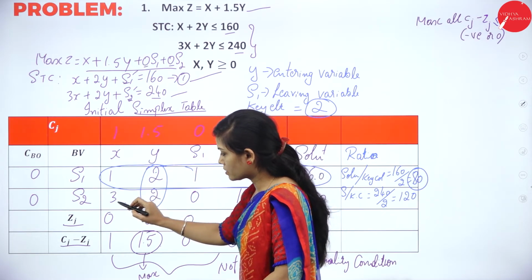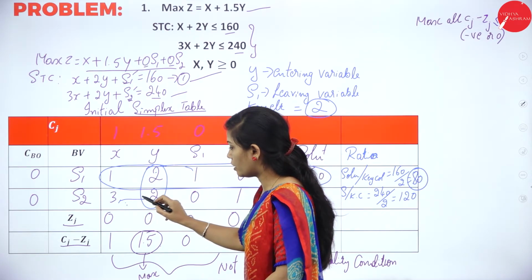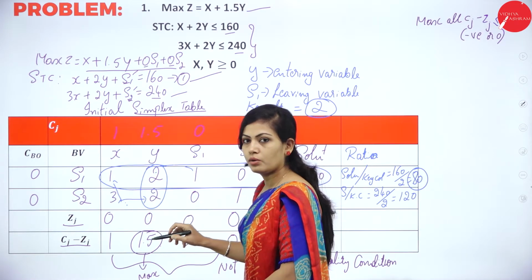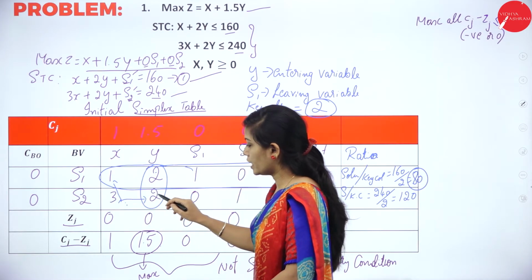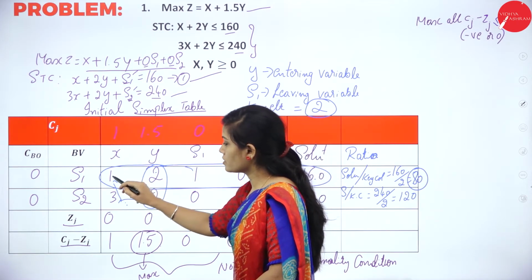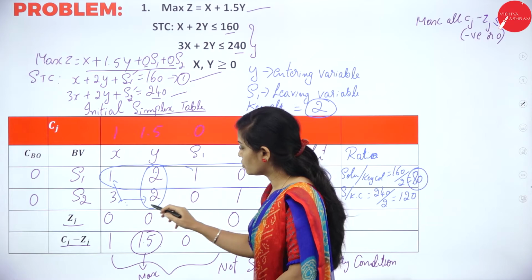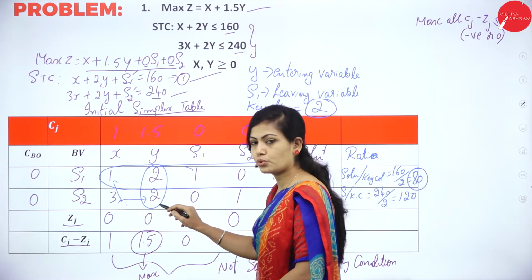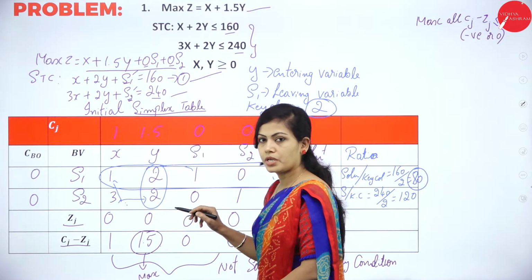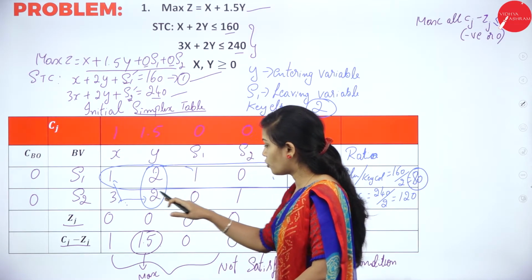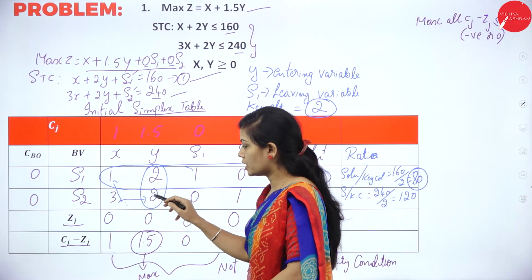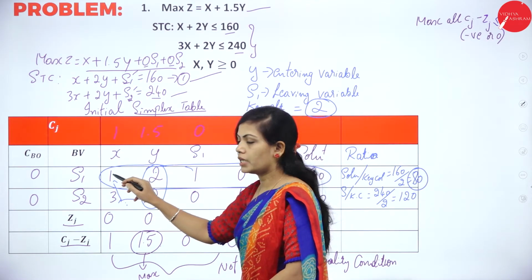So old value is 3, corresponding key column is 2 and the corresponding key row is 1. And again to this number, old value is 2, corresponding key column also 2 and the key row is 2. So key column is same for all the numbers.